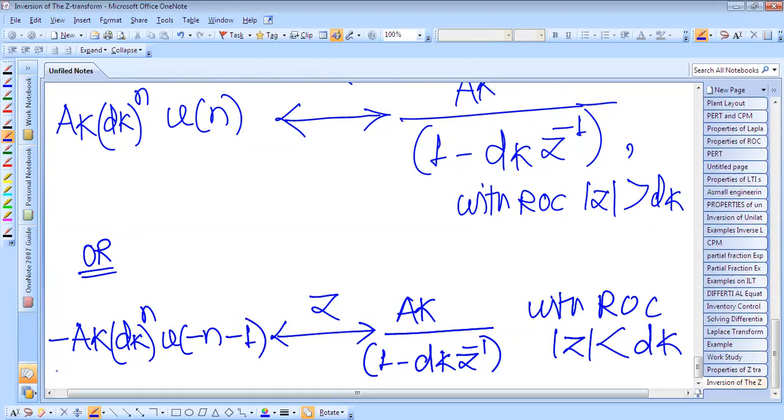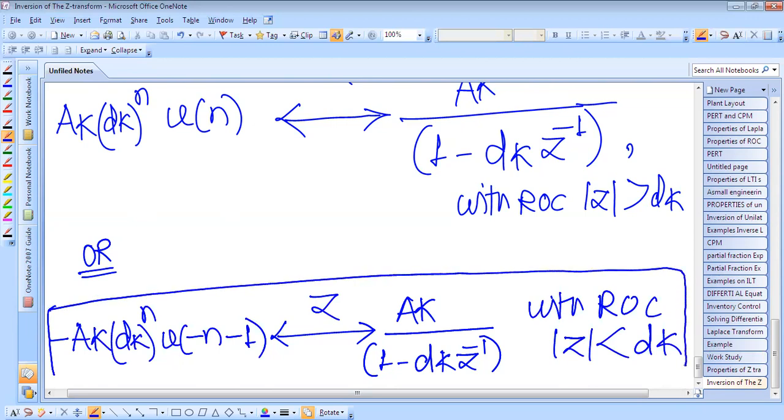Then we can see the effect of the ROC on the inversion of the Z transform. If the magnitude of z is greater than dk, the inverse is Ak dk to the power n u of n.